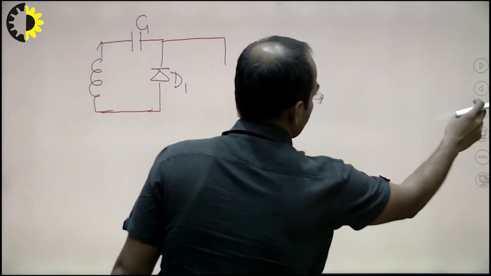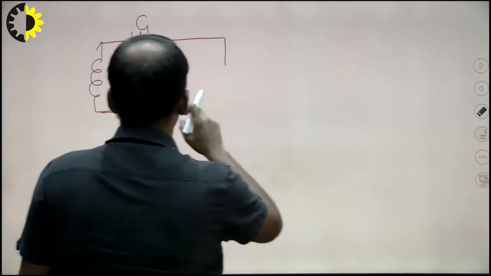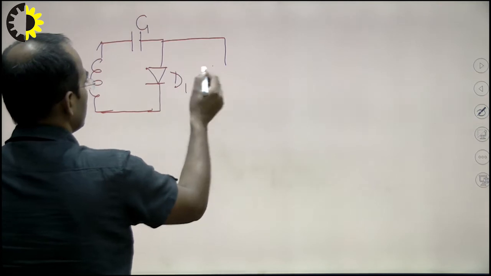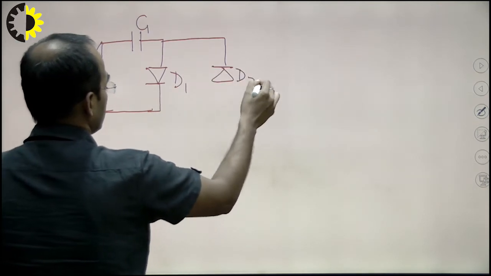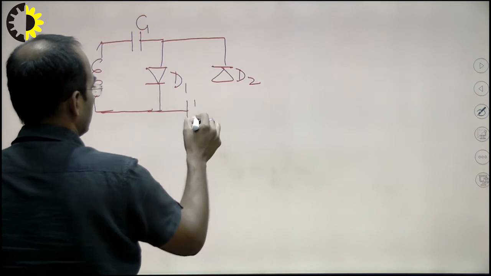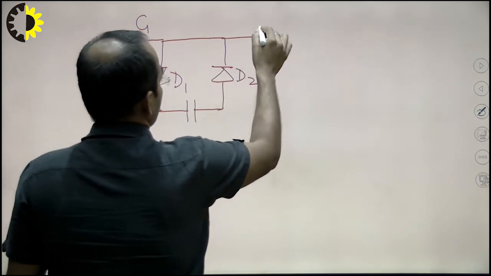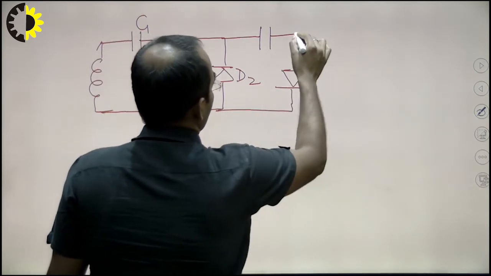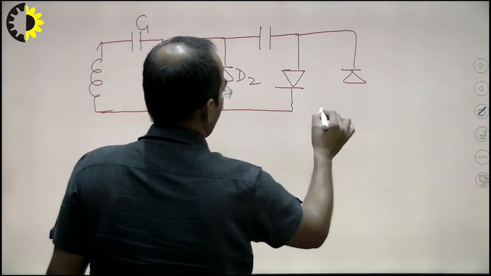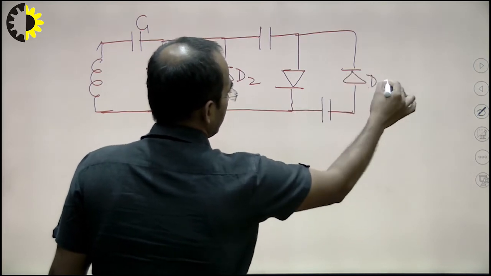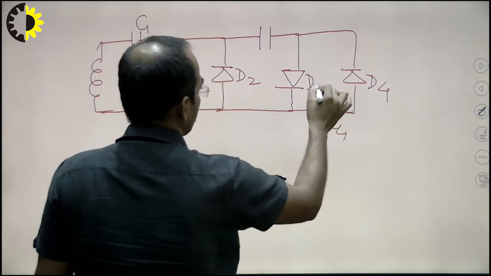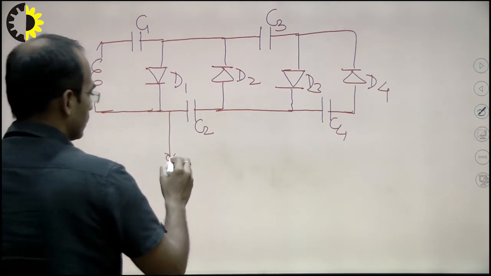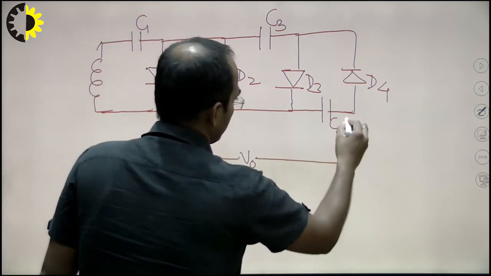In the previous circuit I had considered the diode in downward direction for positive half cycle, so here the direction of the diode will be upward. Again the capacitor will come here: D4, C4, D3, C3, D2, C2. So, I will take the output across these two capacitors, C2 and C4.